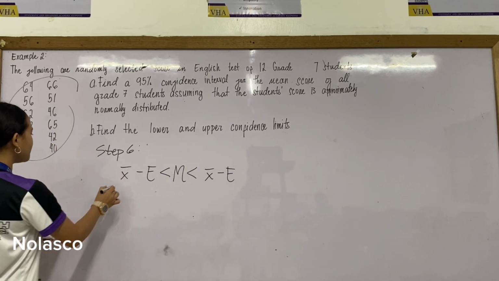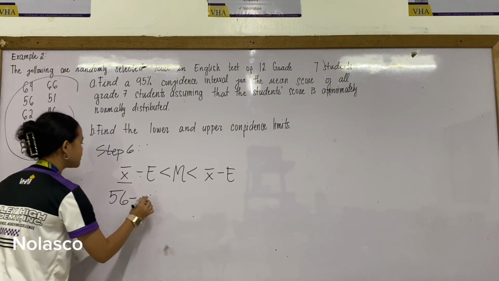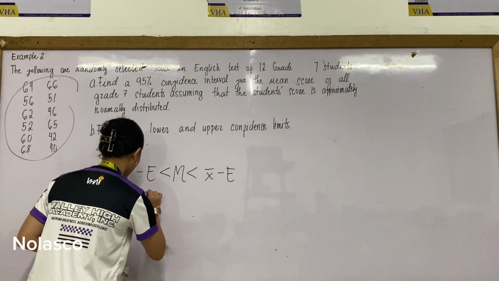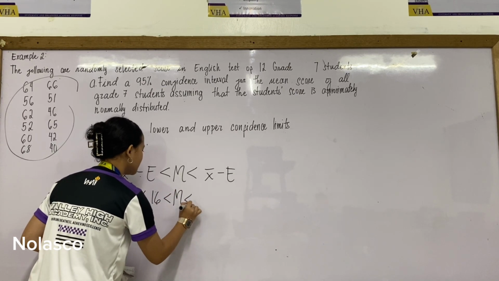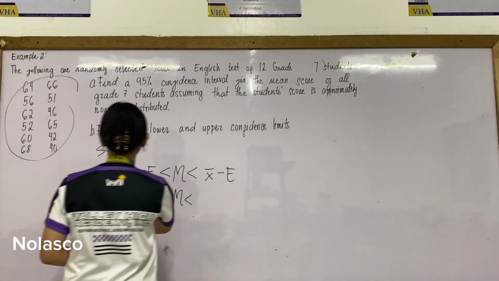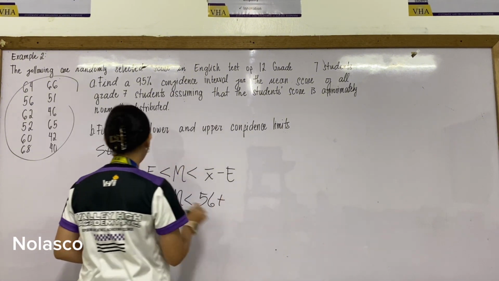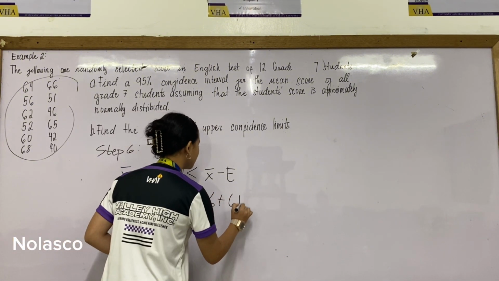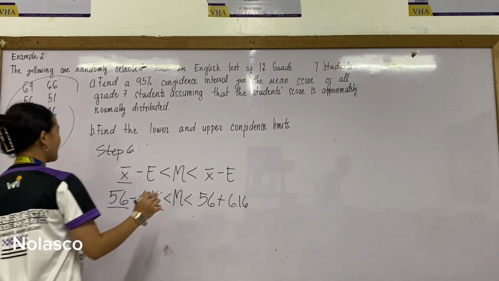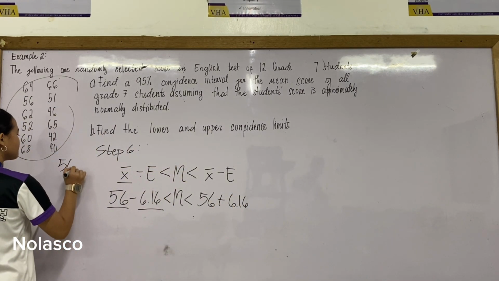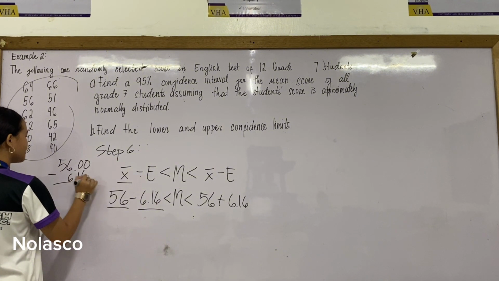So our sample mean is 56 minus margin of error 6.16, less than population mean, less than sample mean 56 plus margin of error 6.16. So 56 minus 6.16.